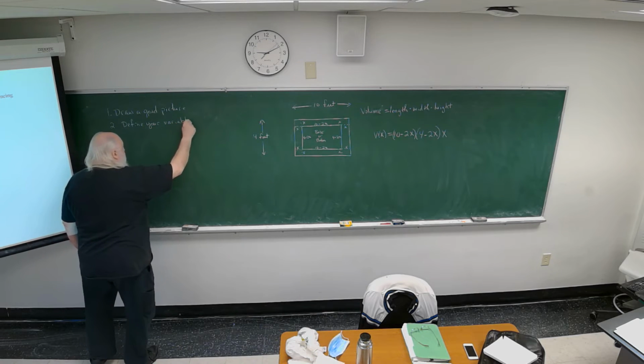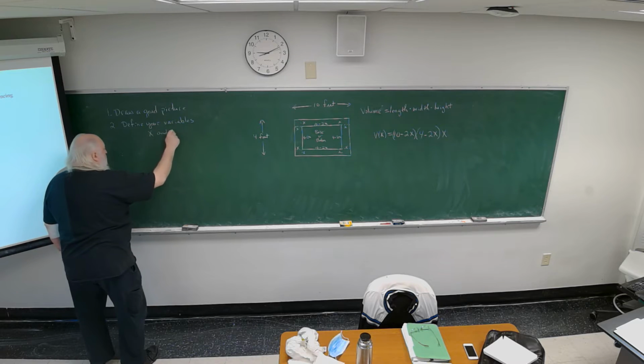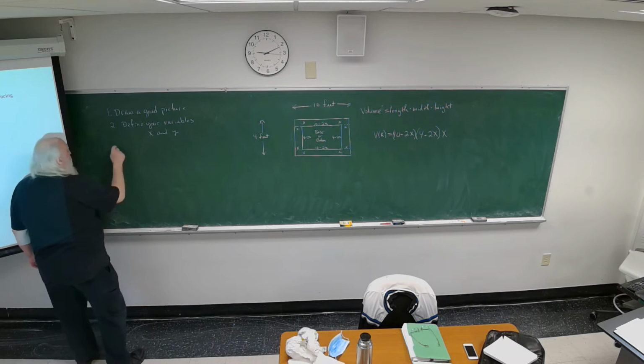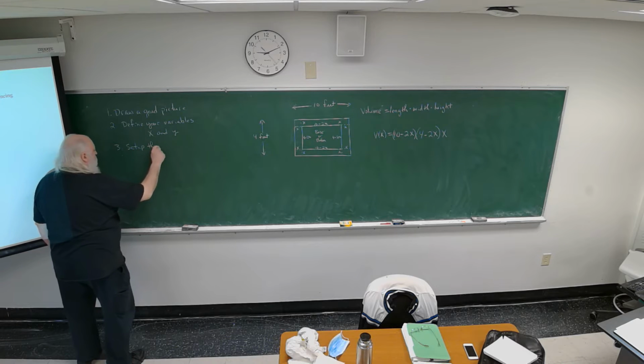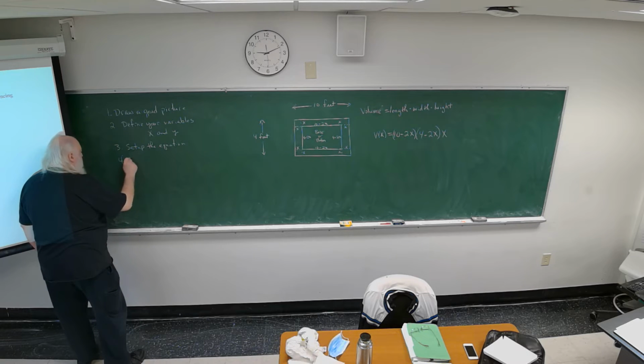Now you can use any letters of the alphabet, but a lot of times we're using X and Y. Number 3, set up the equation. And number 4, solve the equation.